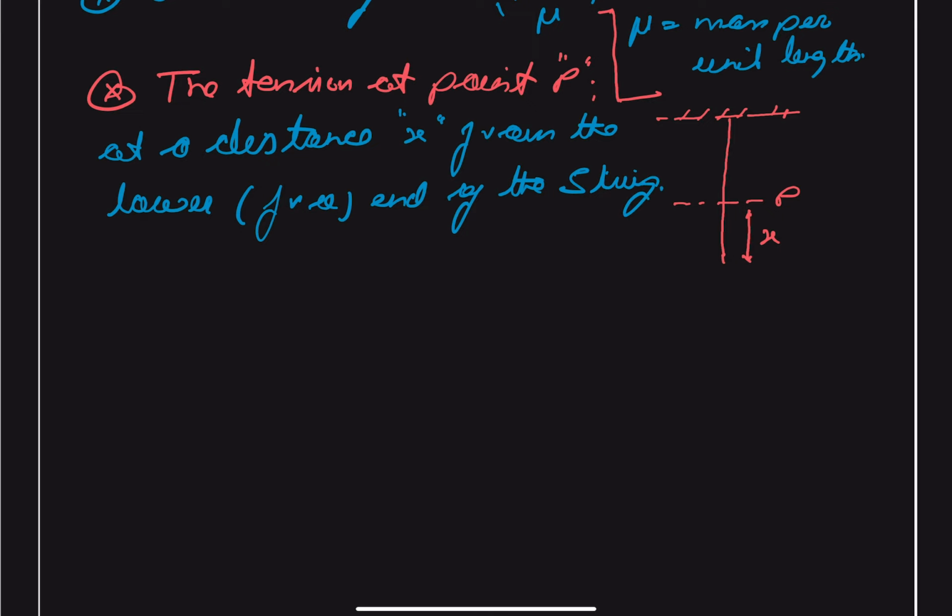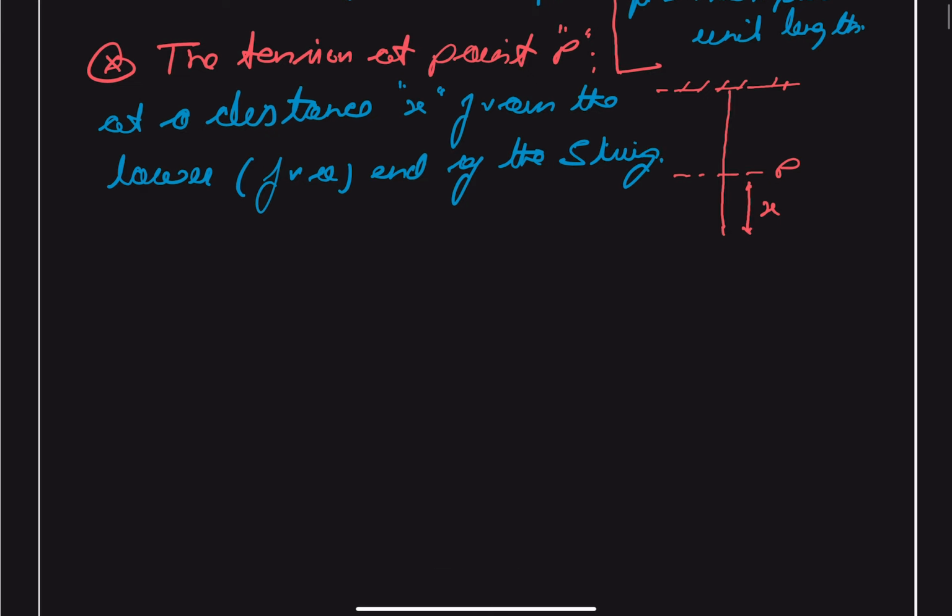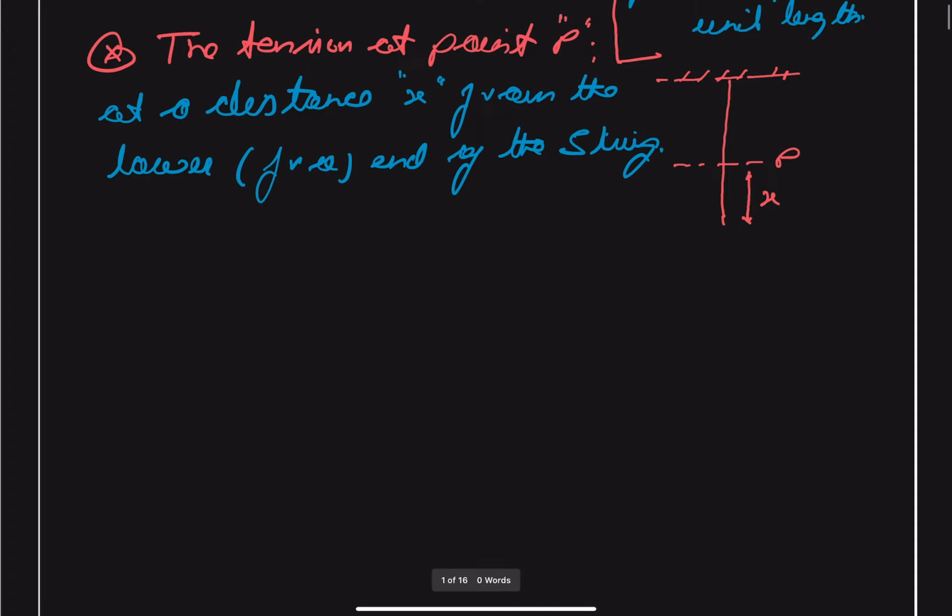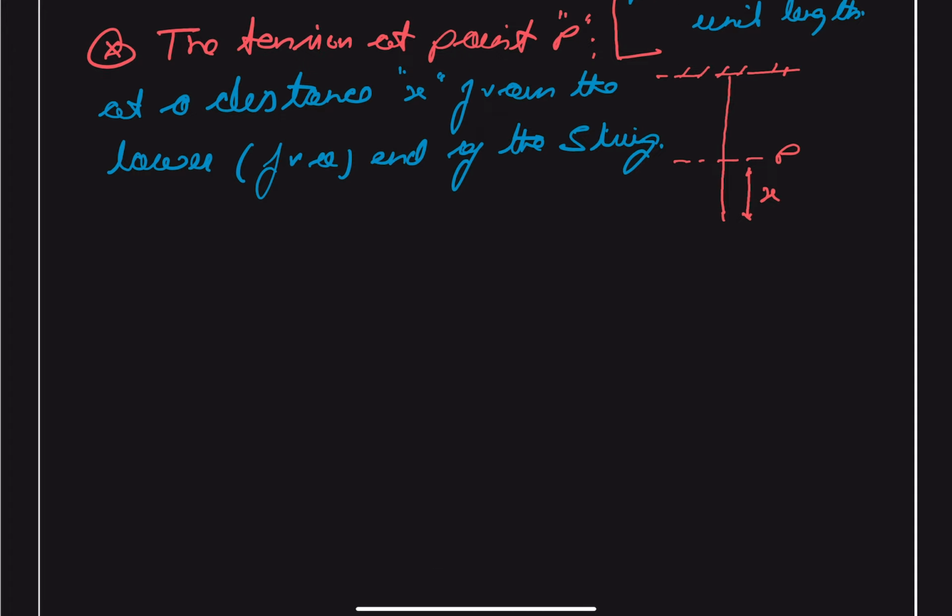So the tension will obviously be associated with the weight, and we assume that the weight of the string up till the point P is represented as mp.